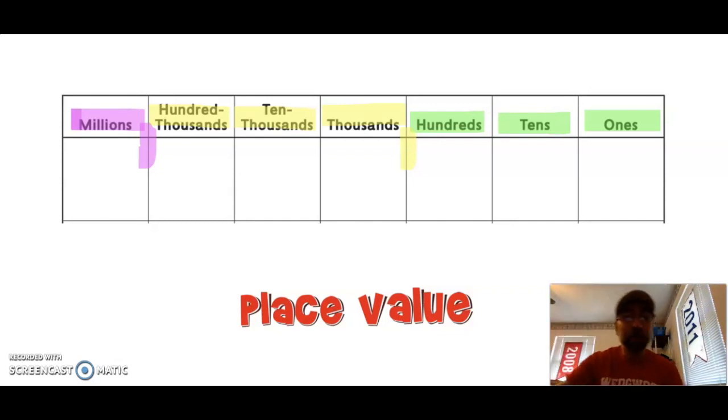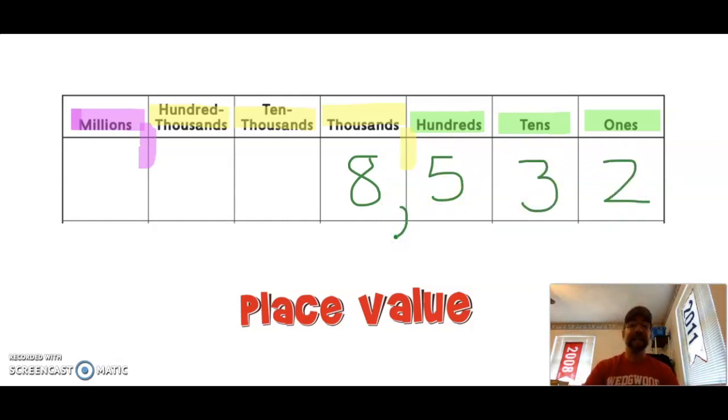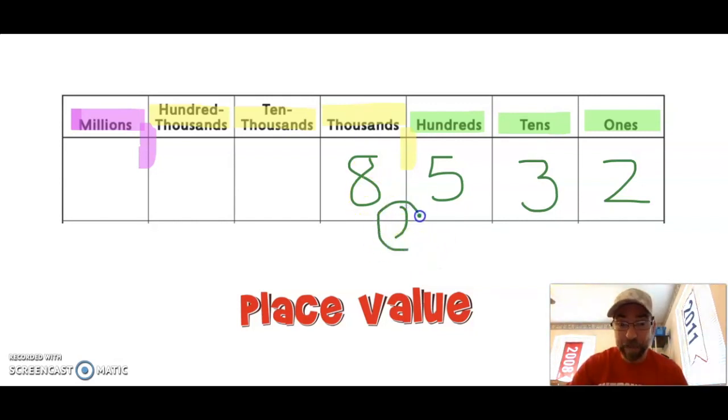So let's practice writing a number right now on our sheet protector. Here's our first number that I want you to write. The number is 8,532. Go ahead and write that number. Let's see if we got the same answer. 8,000, here's the word thousand, that comma, 8,532.